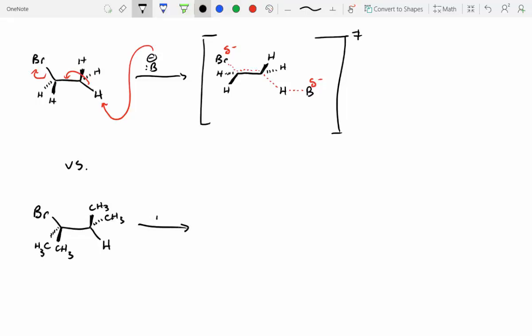Okay, again, it doesn't really matter too much what base we use, but in this case, we want to use a small base so we don't accidentally deprotonate one of those methyl groups. So I'll just put small. And we can do the same sort of reaction, but let's draw our transition state just like we did up above.